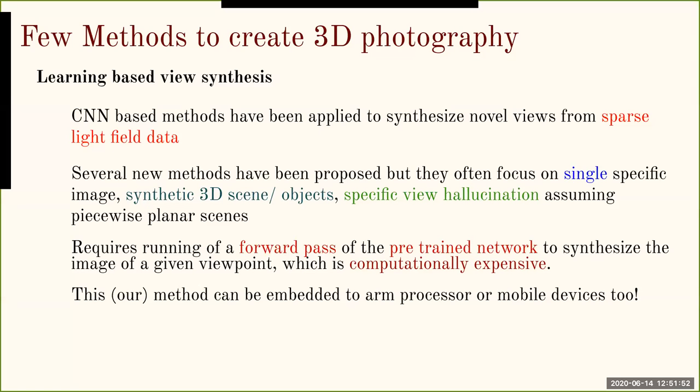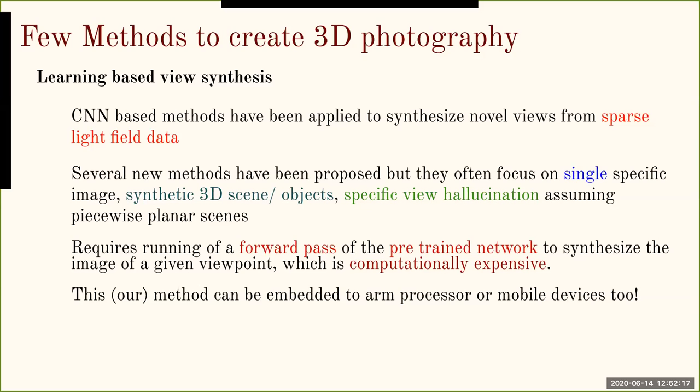CNN-based methods are superior because they use deep learning and learn an abstract notion like a human brain, so they can perceive better than almost every other traditional algorithm. So CNN-based methods are very useful for synthesizing novel views.